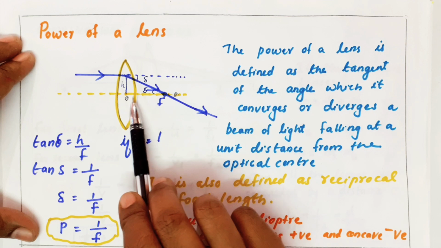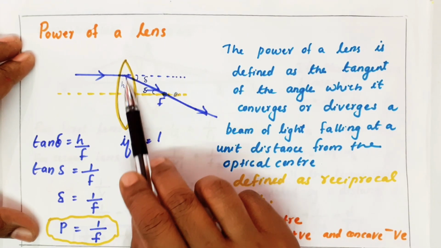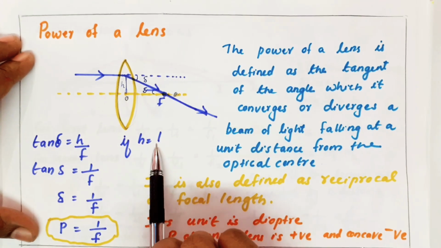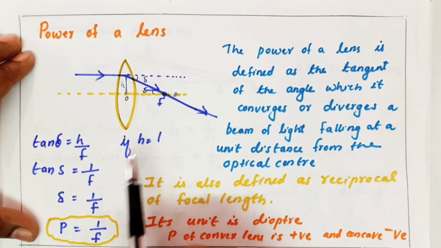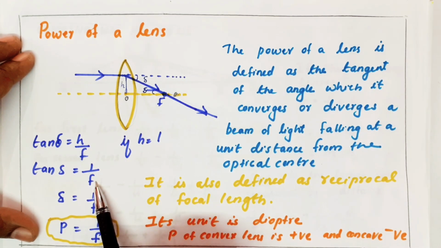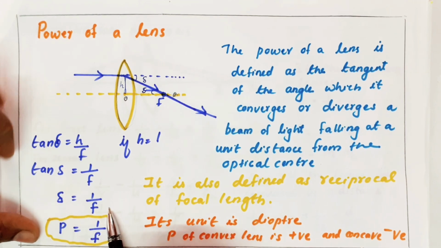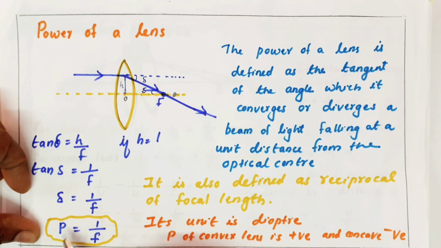H is height and f is this one. Here you take this h as 1 meter, it means unity. So if h is 1, I can write tan delta as 1 by f. If delta is very small, tan delta can be approximated to delta. That is, delta equals 1 by f. And this 1 by f we call by a name, power.